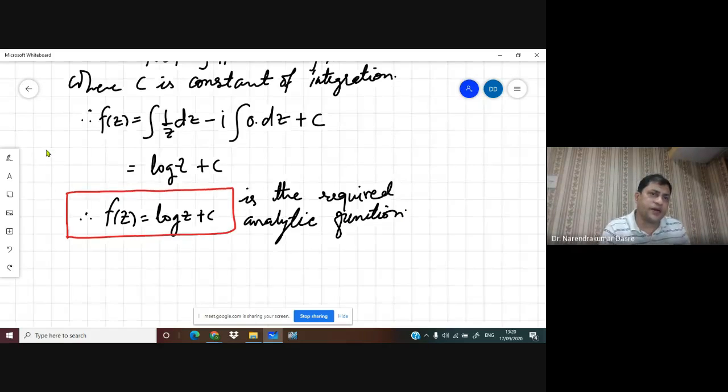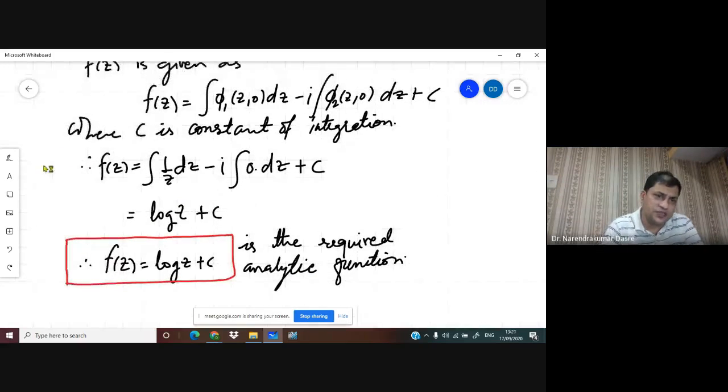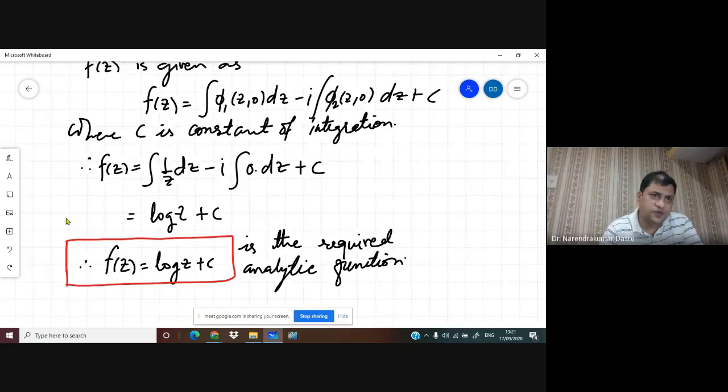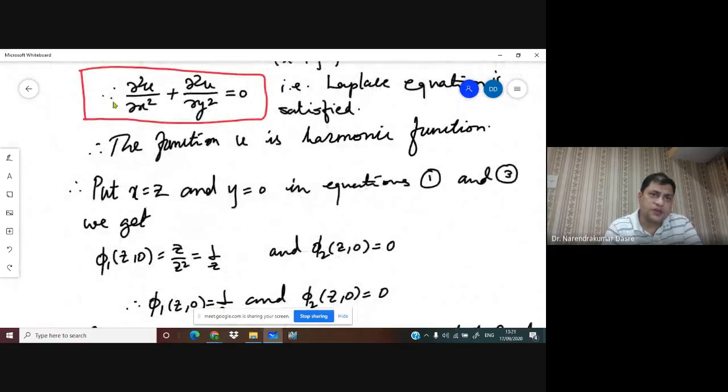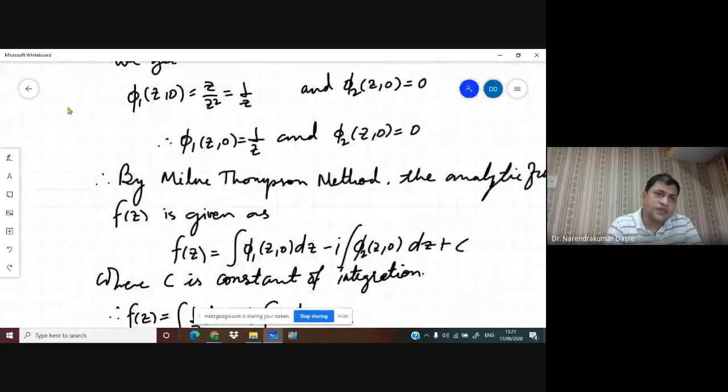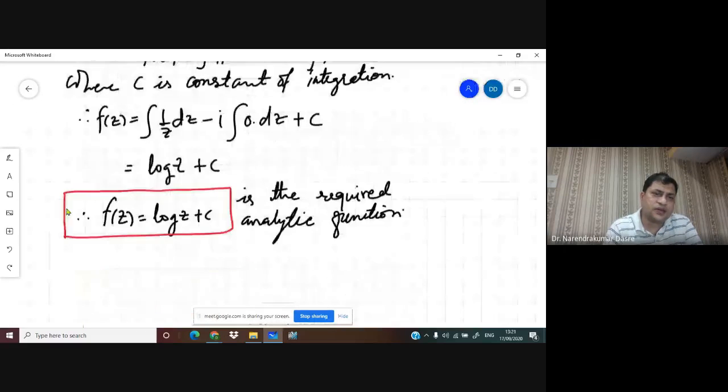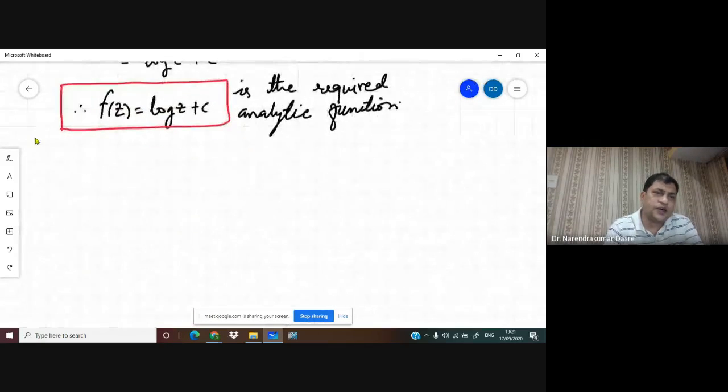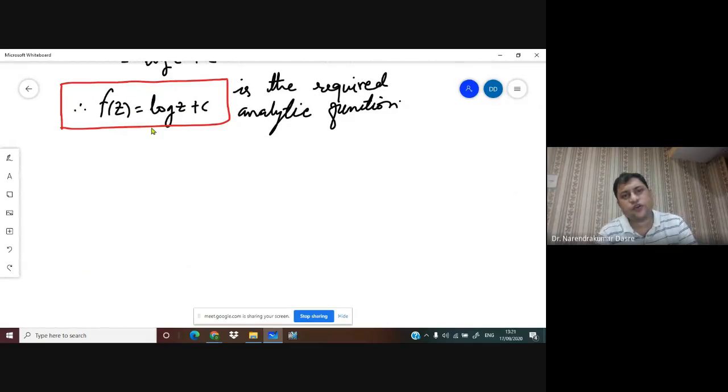Now we have completed the second part of this example, where we wanted to find the analytic function. First we showed that this is the harmonic function. In the second part we calculated the corresponding analytic function, and now in the third part we have to find the harmonic conjugate of the given function.